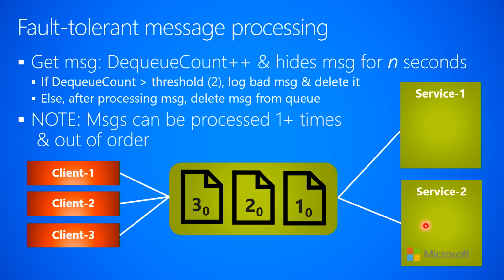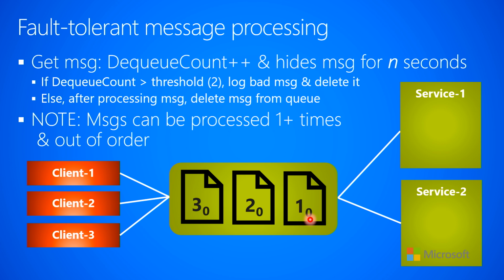So let's go through this process. When those 2 services try to get a message from the queue, the queue itself is going to increment the DQ count. So message number 1 is going to be the first message to be DQ'd, and the DQ count is going to be incremented from 0 to 1. And then what the queue does is, rather than remove the message from the queue, it simply hides the message from the queue.